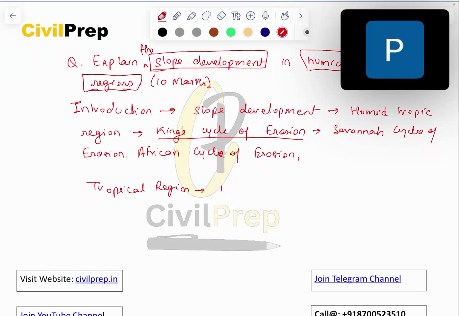Here there is, number one, intense chemical weathering, then high precipitation, then number three, vegetation cover.